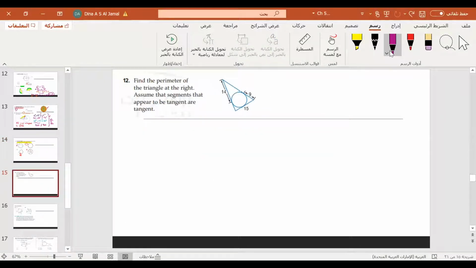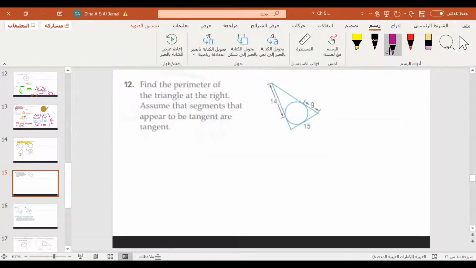So let's go to this question. Find the perimeter of the triangle at the right. Assume, this is very important, assume that segments that appear to be tangent are tangents.